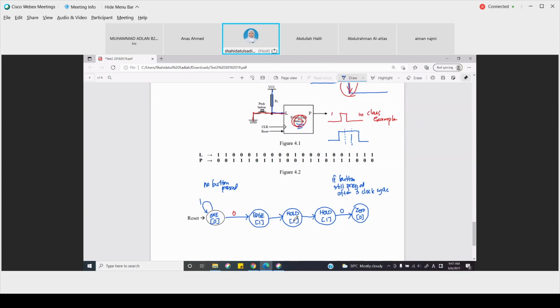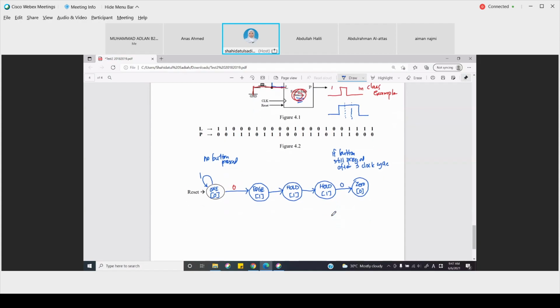It will still hold the output here for 3 clock cycles. If the button is no longer pressed after 3 clock cycles, we will go back to state 1, if it's no longer pressing. Right? Understand, everyone?